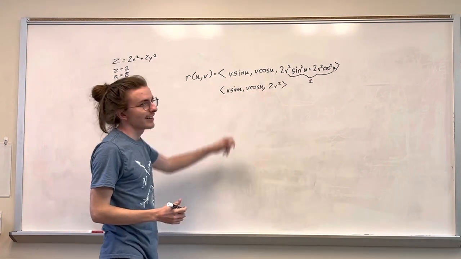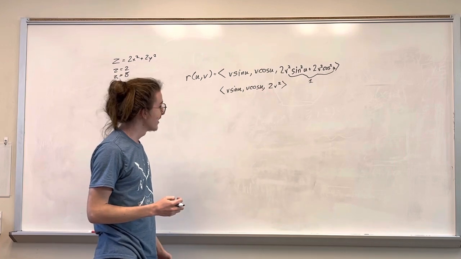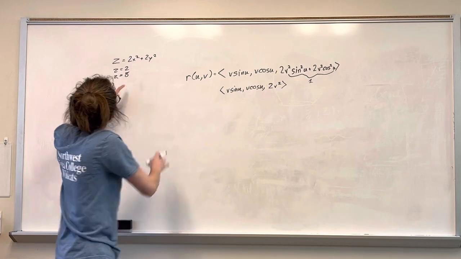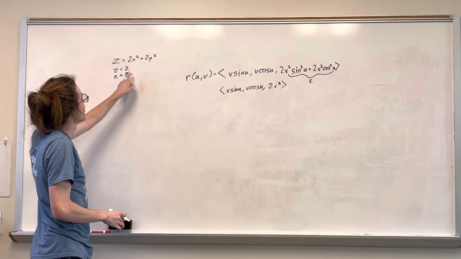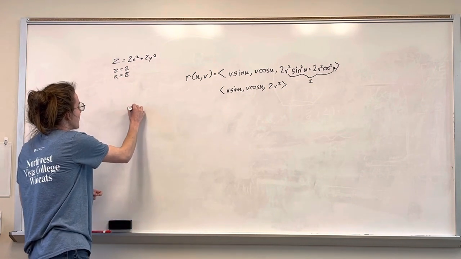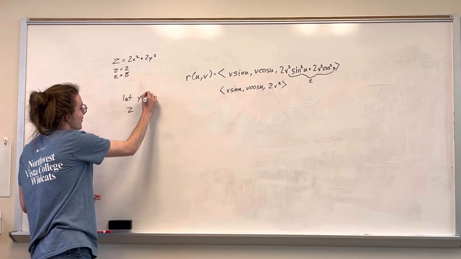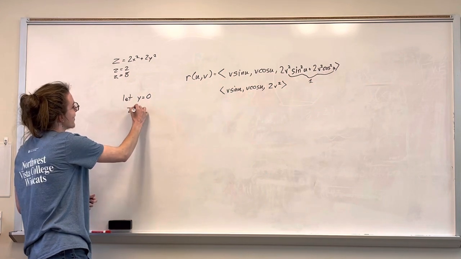Now we need to find the domain of v and u. Going back to this, we want to solve for z equals 2 and 8. So let y equal 0. This will find the radius.